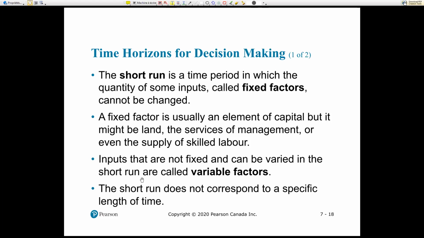I could just say variable factors, like working hours, or electricity, to some extent.